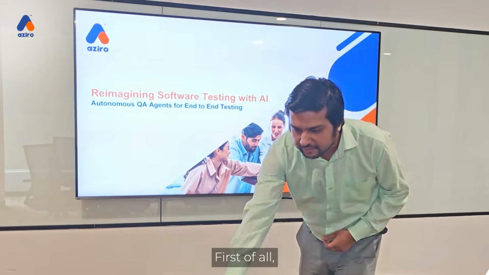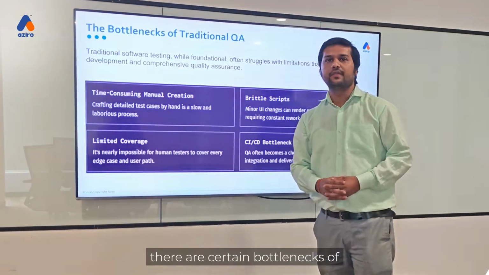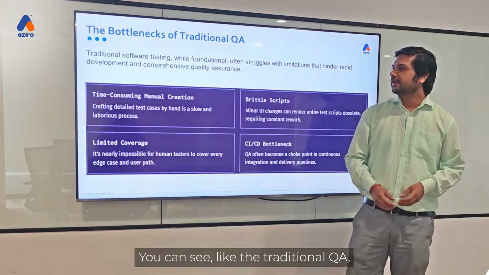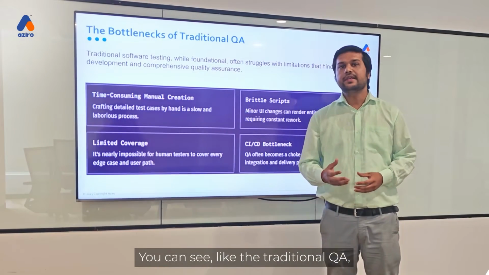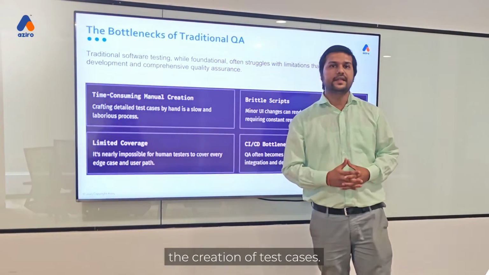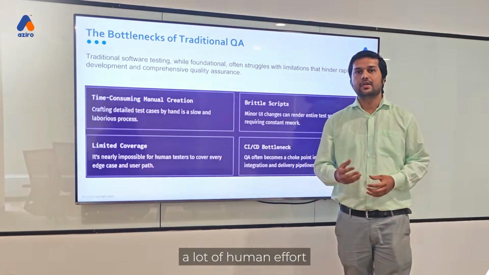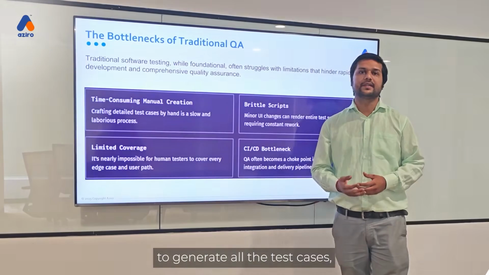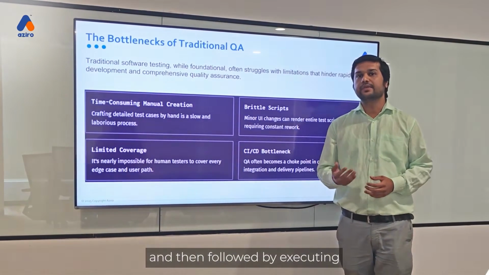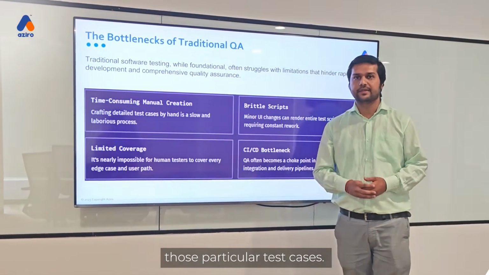Now let's see, first of all, there are certain bottlenecks of traditional QA. You can see that in traditional QA, the creation of test cases is very time consuming. It requires a lot of human effort to generate all the test cases and then execute them.